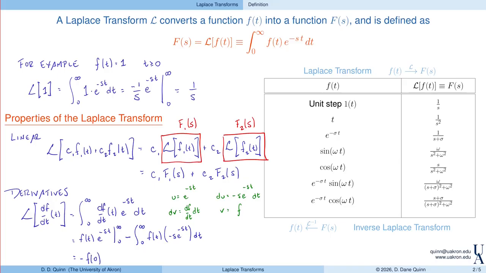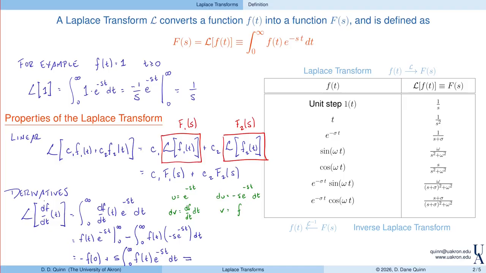Looking here, s is not the integration variable, so it can factor out, and then we have two negative signs. So we end up with s times the integral from 0 to infinity of f of t, e to the minus st dt. But that's simply the Laplace transform of f.